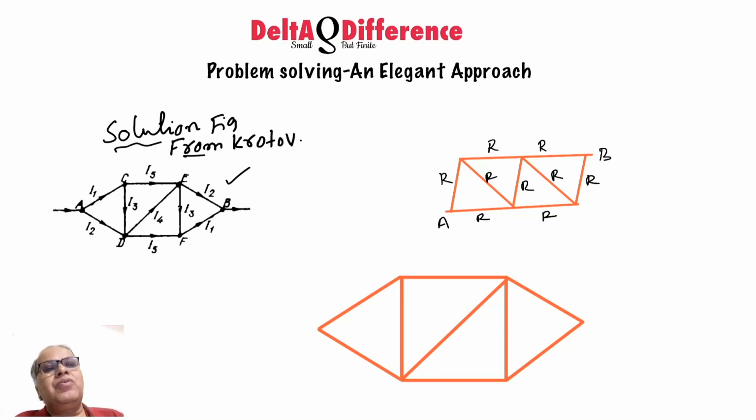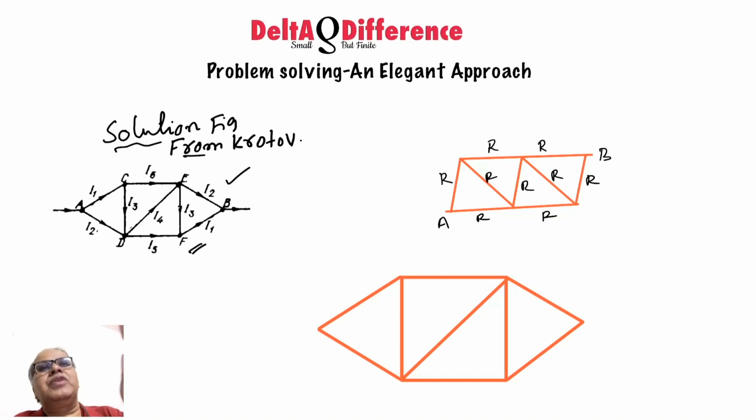So in Krotov also, the symmetry idea of the circuit is used. I will just talk about that a little while later. But here, the currents were taken so that you could apply Kirchhoff's second rule for different loops. But look, there are 5 currents in all.